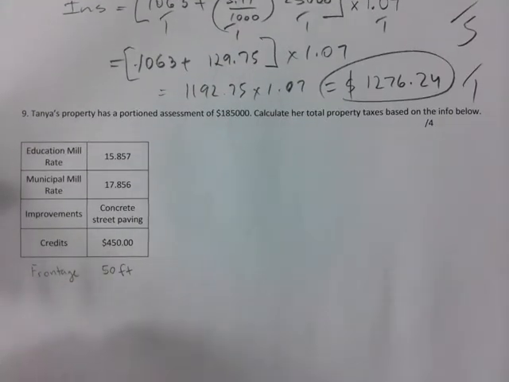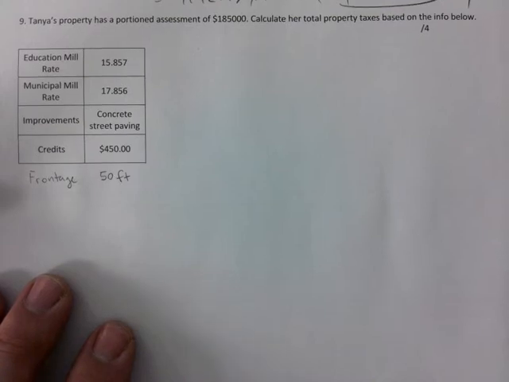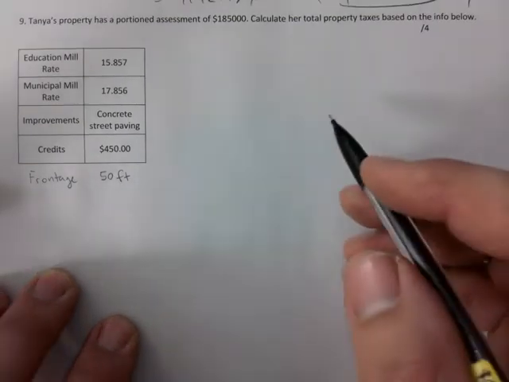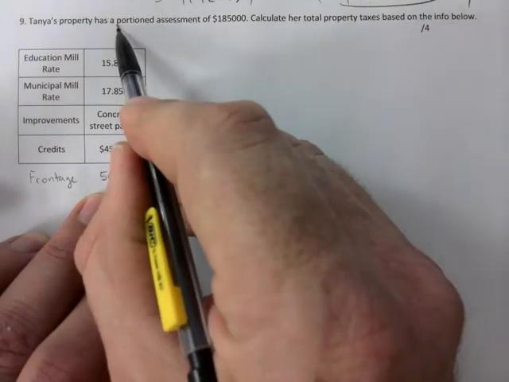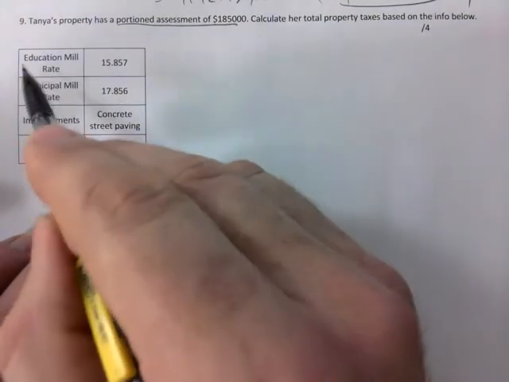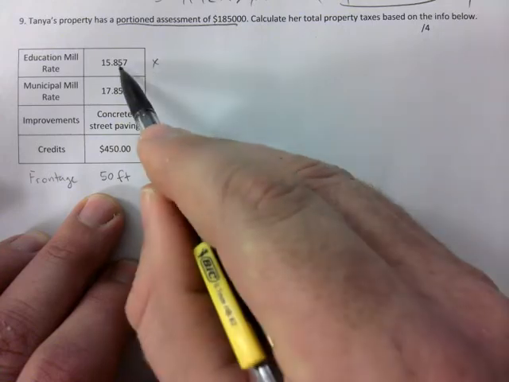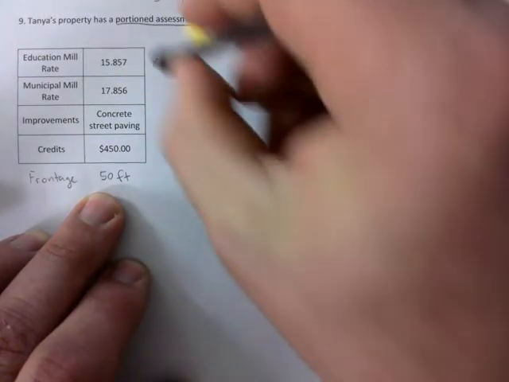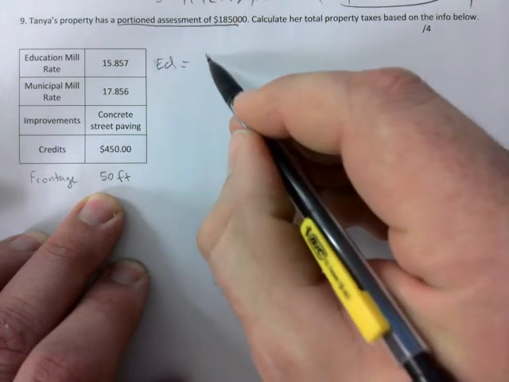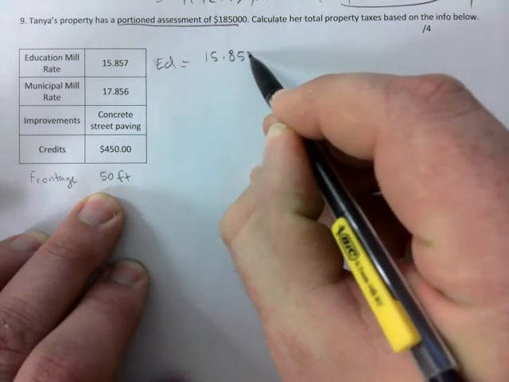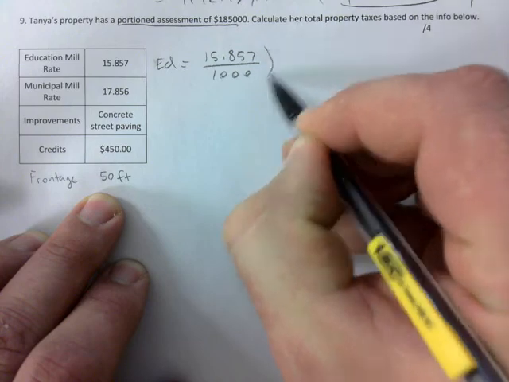Now the property taxes. So again, you just check whether or not you got it right, okay? There's the portion assessment is given to you already. So for education, we're just going to multiply our mill rate. Sorry, I'm not going to speed up that much. Education, I take the mill rate. I divide it by 1,000, remember that.